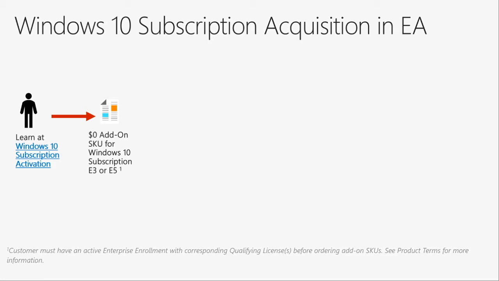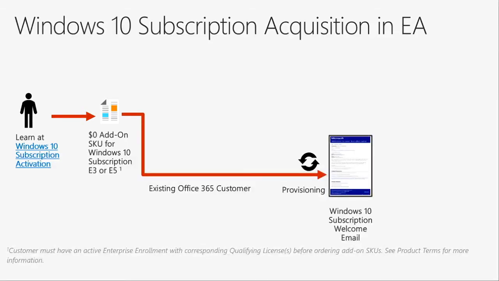Again, these are no-cost transactions for you, but something you'll have to work on with your reseller with the help of the Microsoft account team. What this transaction does is kickstart the process of getting Windows 10 subscription licenses onto your AAD tenant. As I said, if you are an existing Office 365 customer, the process is even simpler.